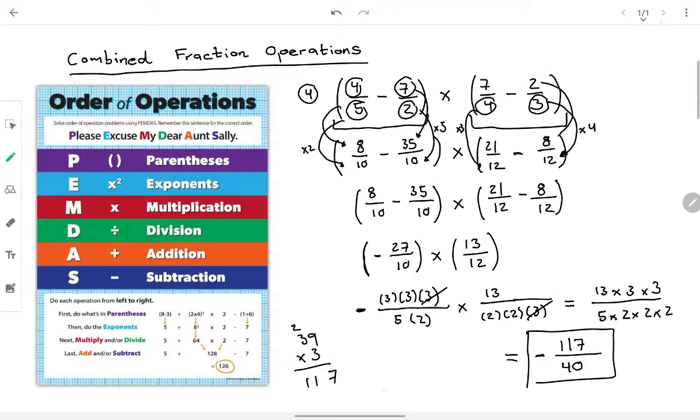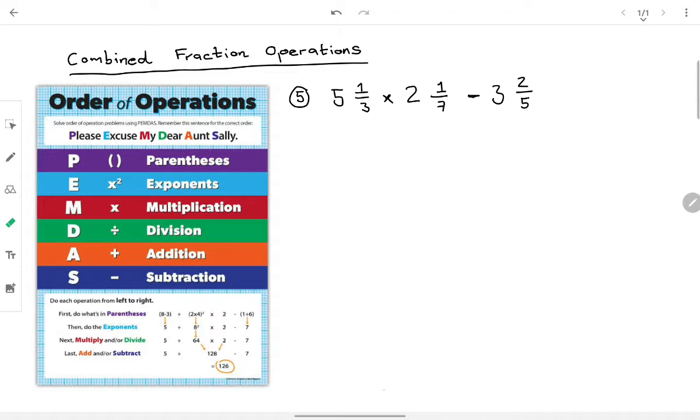Let's see another example. So what happens if we have mixed numbers? Don't worry, we can change them to improper fractions and then do the simple stuff that we have been doing in the last exercise. So in this case, we need to transform them into improper fractions. Remember, we need to multiply and then add the numerator.